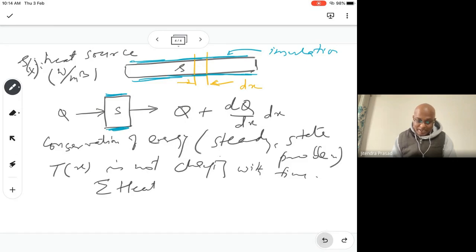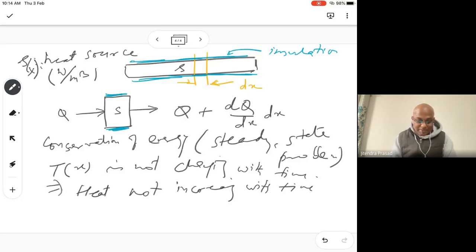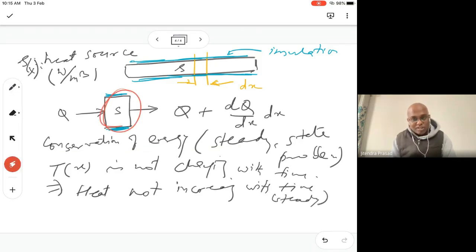So rather than writing like this, the total heat is not increasing with time, right? This is the same as saying that this is a steady state. So temperature is not changing. The heat content of this is also constant. It is not changing. So heat is not increasing with time.